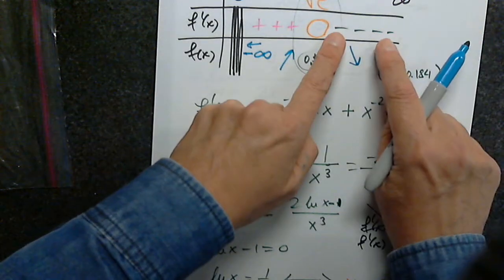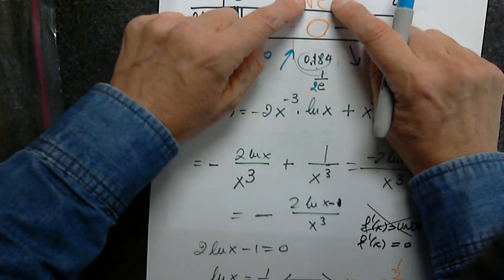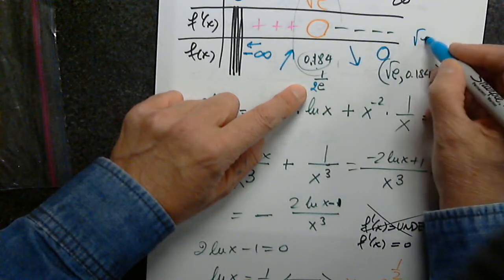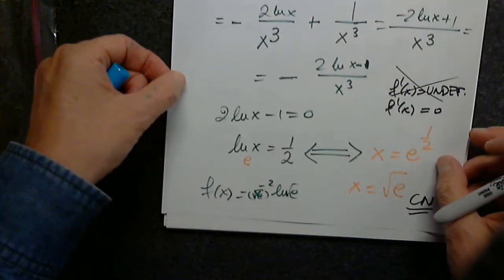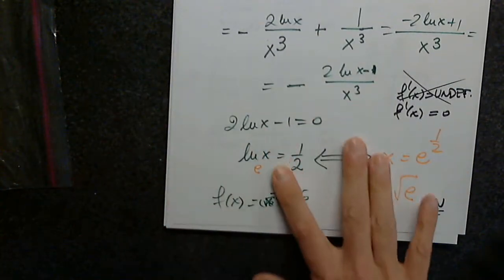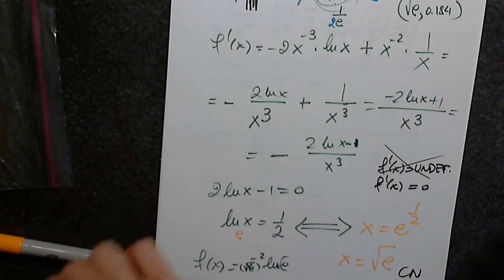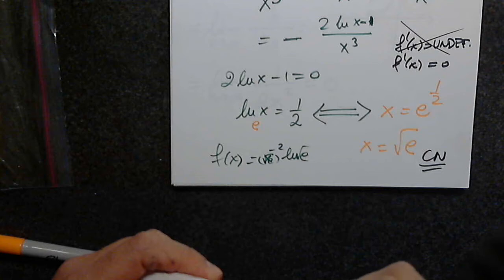Is that supported by the sign of the derivative? So then, therefore, the square root of e, comma, 1 over 2e, what is it? What does it represent? Because of the particular sequence of signs of the derivative. What does that represent? A local or relative what?